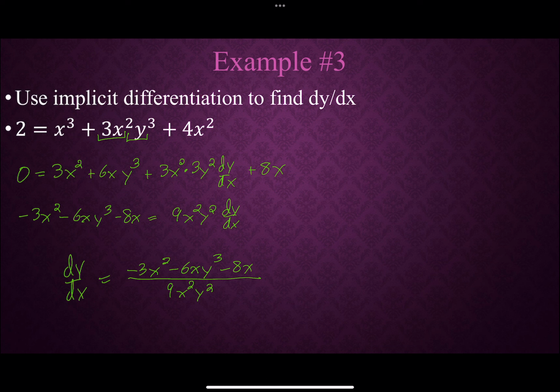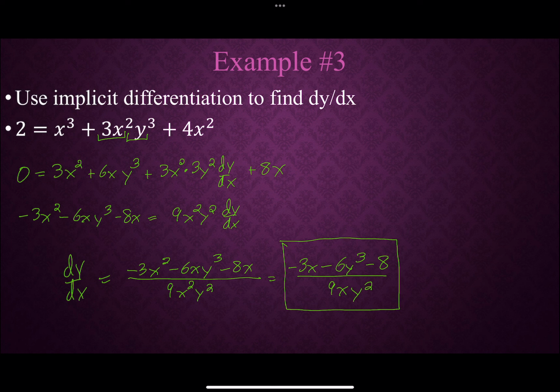Now, in this case, you'll notice every single term in the numerator and denominator has an x. They almost have numbers divisible by 3 because of the 3, 6, and 9, but the 8 doesn't work. But there's an x everywhere else. So I can divide everything by x and get negative 3x minus 6y cubed minus 8 all over 9x y squared.